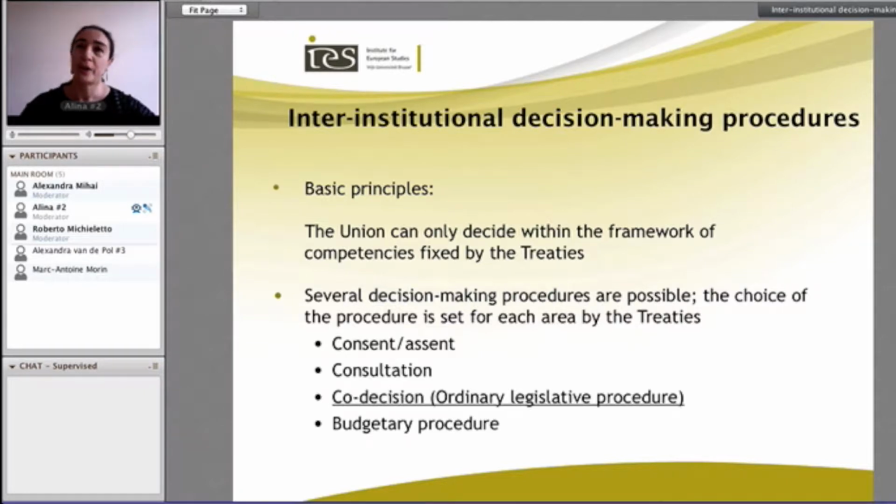The Council is obliged to wait for the opinion of the European Parliament, and the opinion can be either positive, negative, or they can also make certain suggestions with regard to the subject matter, but the Council is not obliged to take this into account. The Council can just proceed as they wish, and they're not obliged in any way to take on board the recommendations that the Parliament makes.